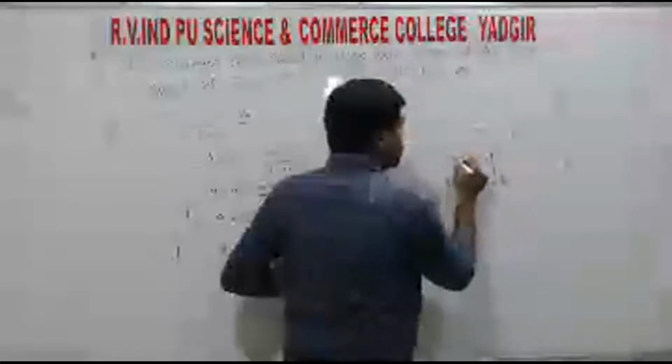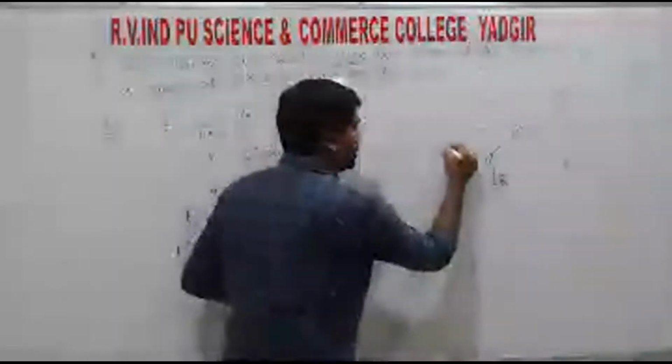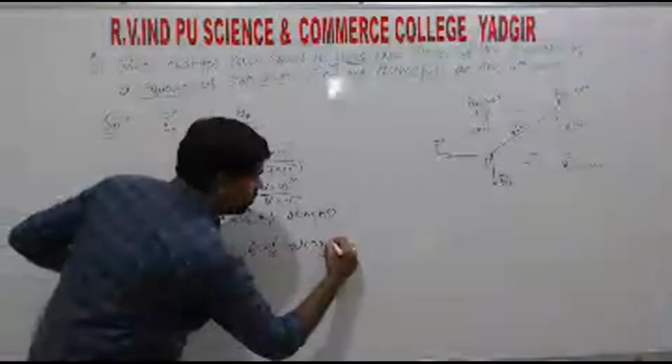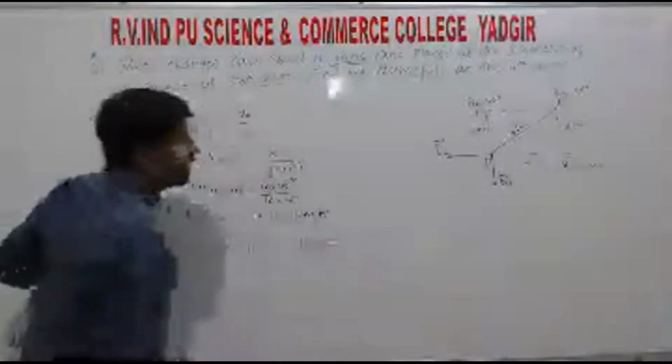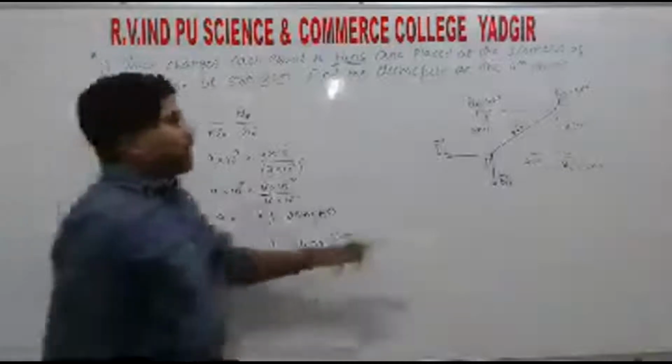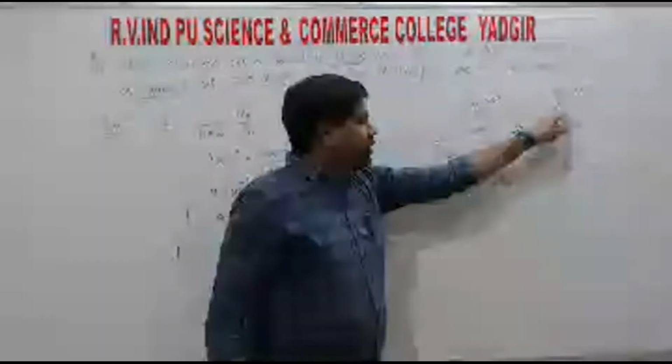Here the direction is in this direction, that is repulsive force, so we get E_C along CD.